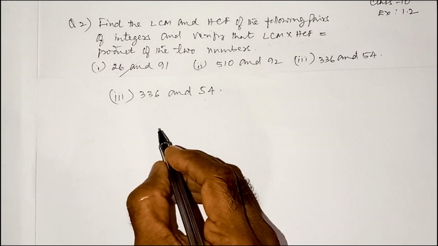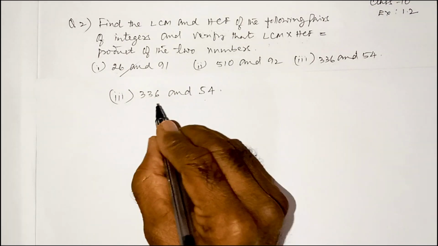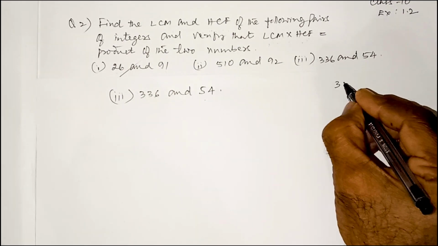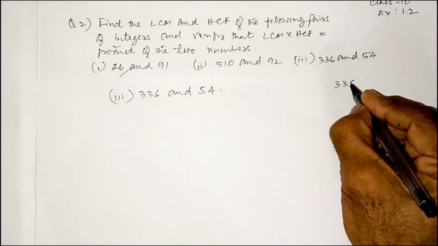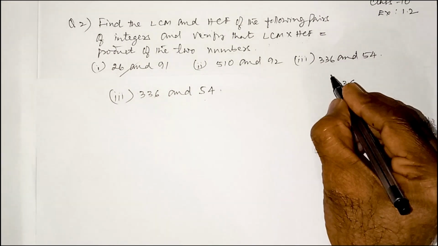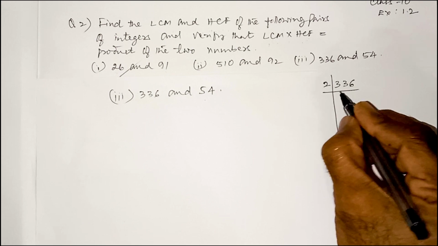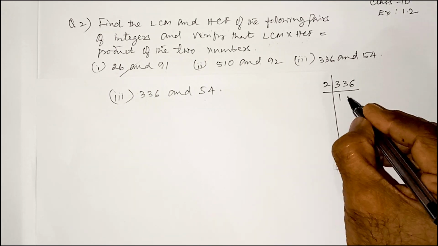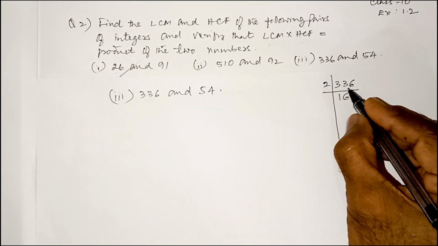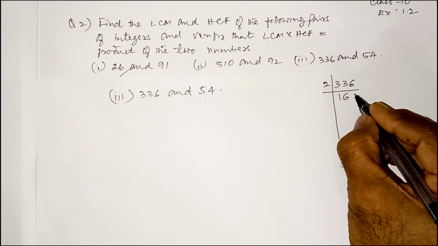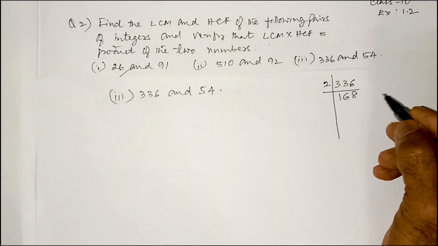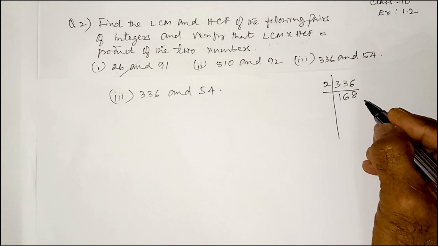For that, the first step is to take out the factors of each number. You know very well the way to find the factors. Let us start from 2. 2 is dividing this number easily. 2 into 1 is 2, 2 into 6 is 12, and 2 into 8 is 16.